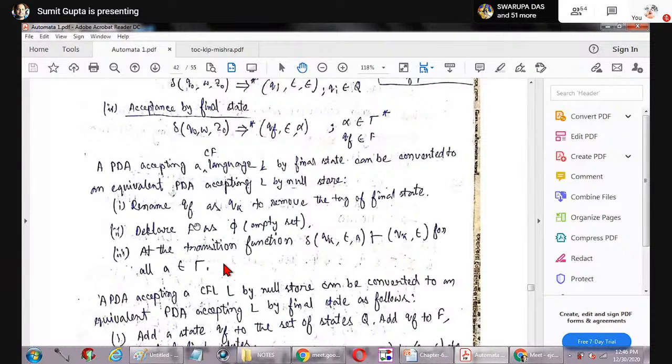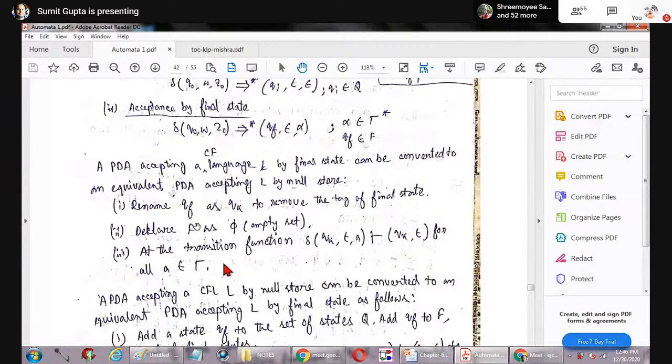And third stage, at the transition function QK epsilon A, suppose we are at state QK, we are having the input tape empty, but there is some symbol on the push down store, that is stack, that would be now QK epsilon. So we have to remove it.